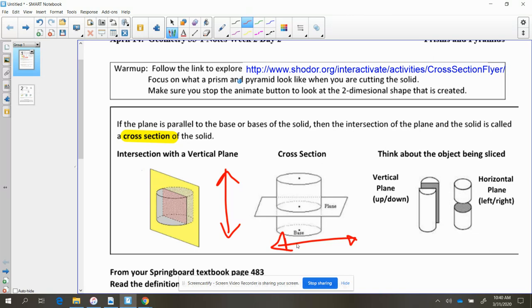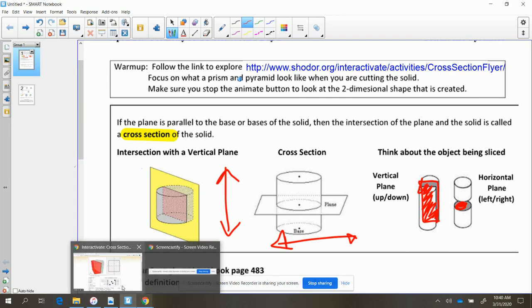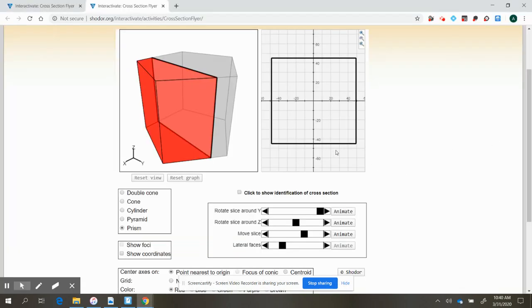So notice again the object that it's being sliced and the shape it's making inside. So notice this would be an example of a cross section versus this figure here. You can't see all of it. That's being created as a two-dimensional shape, in this case a rectangle and a circle. Now we can go back to that figure that we were looking at before to help us talk about this as well.